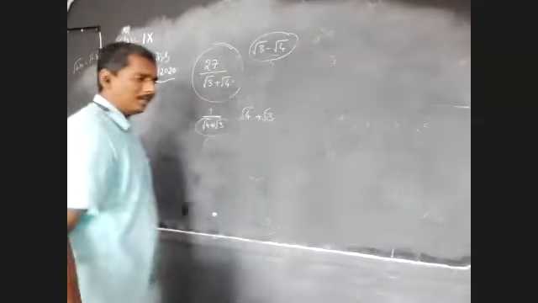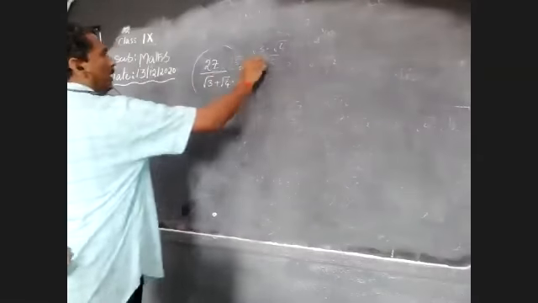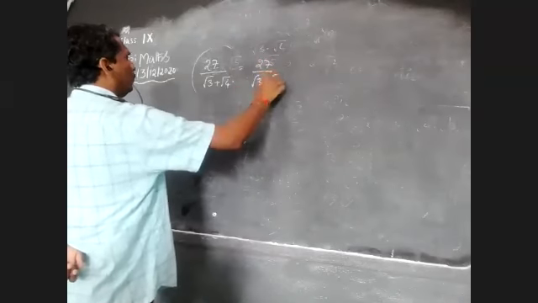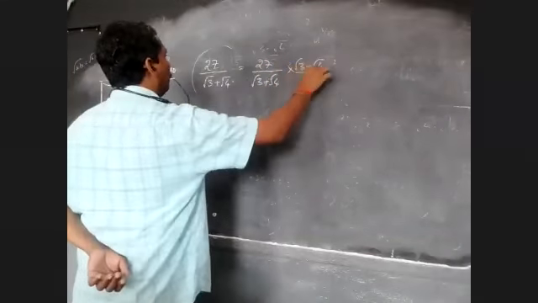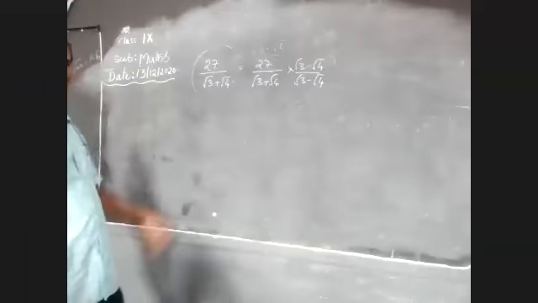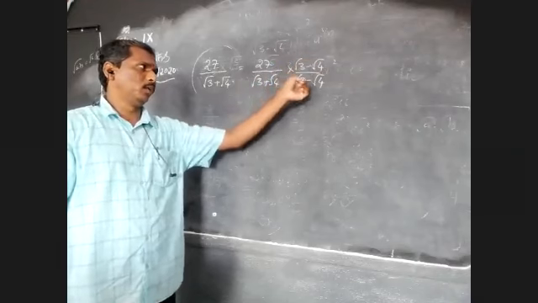Means we multiply and divide 27 by root 3 plus root 4 with root 3 minus root 4 by root 3 minus root 4.